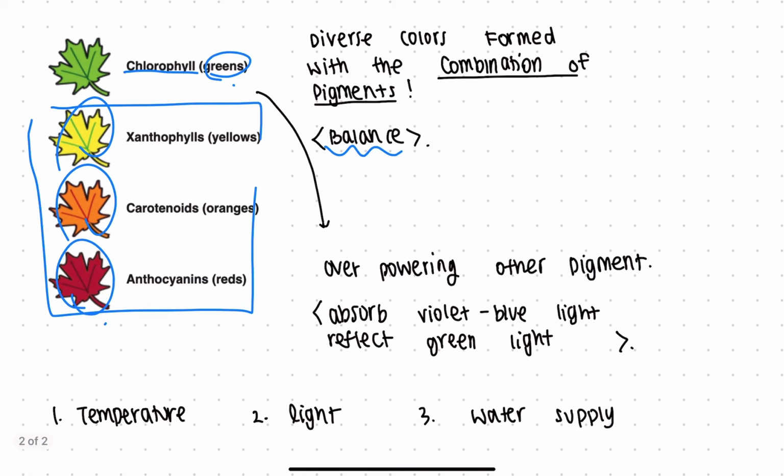The reason we see chlorophyll as green is that chlorophyll absorbs violet blue light and reflects green light. The same principle applies to other pigments already existent in the trees and leaves, and these pigments can be different for every plant, in which chlorophyll is a staple.